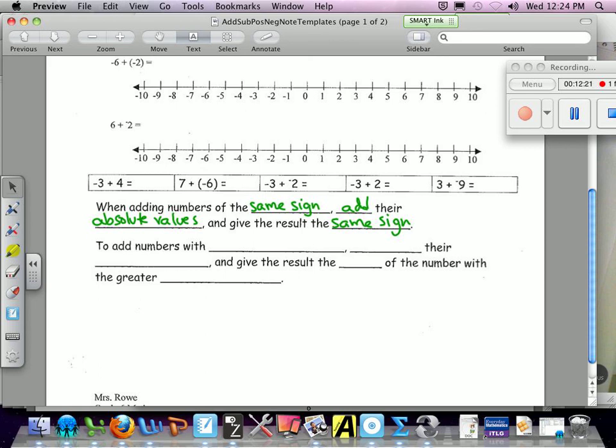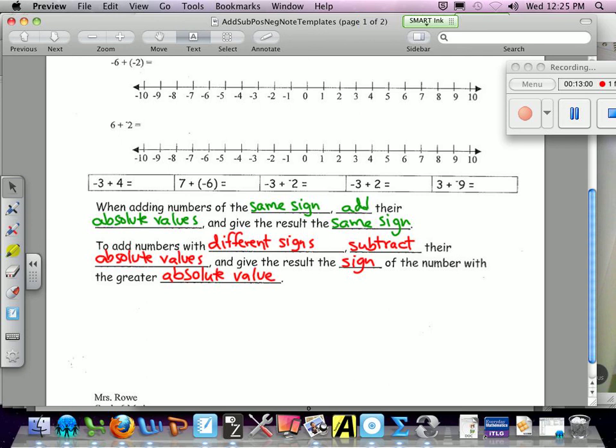The numbers with different signs is when we move up and down the number line in reverse directions. So to add numbers with different signs, we subtract their absolute values, and then we give the result the sign of the number with the greater absolute value. Do you have more positives or more negatives?